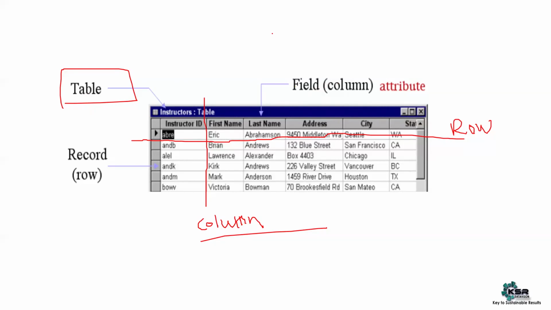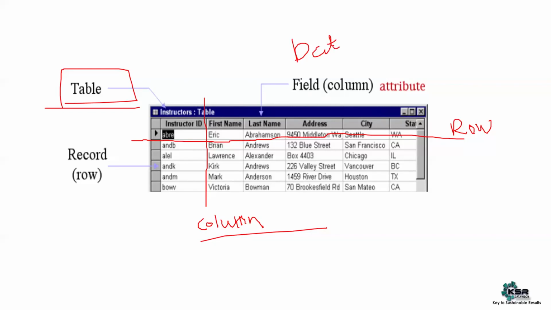Now I'll take a pause here. If anyone has a question, why only table is required, or why rows and columns are required? There are a few other databases where table is not mentioned, where table is not compulsory, but still, if you're using a database, it has to be a table only.